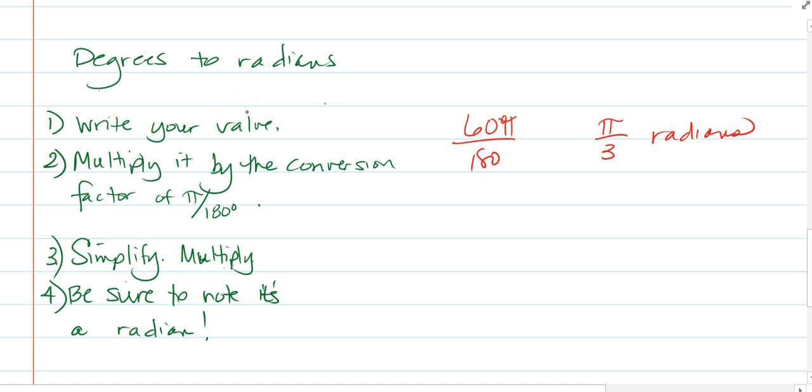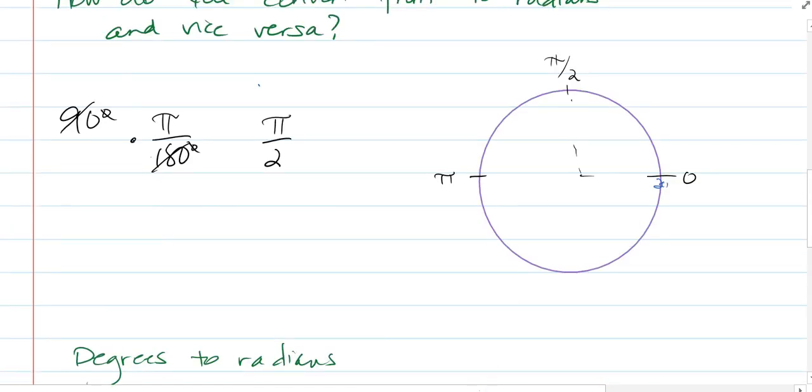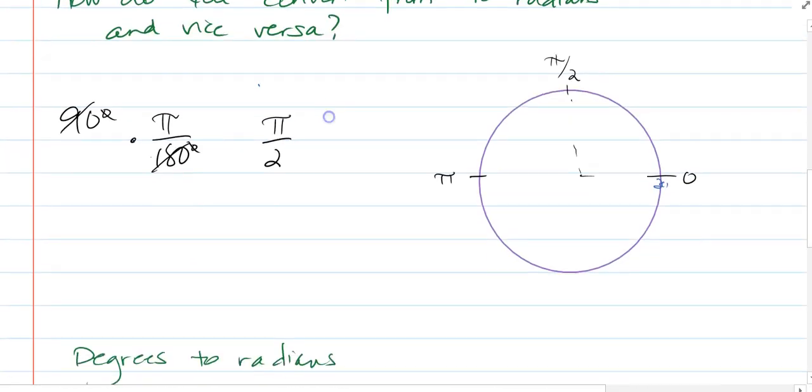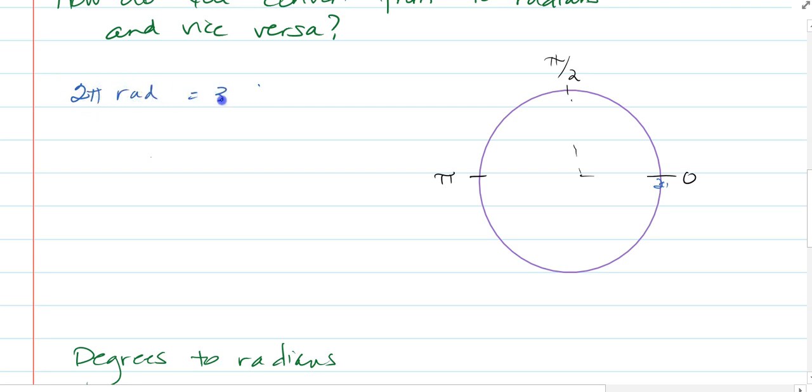So how do you go from radians to degrees? Well, back here, where'd it go? I don't know where it went, but we had that 2 pi radians was equal to 360 degrees. So let's simplify this for radians. I want to find out what a radian is. Last time I simplified 1 degree.